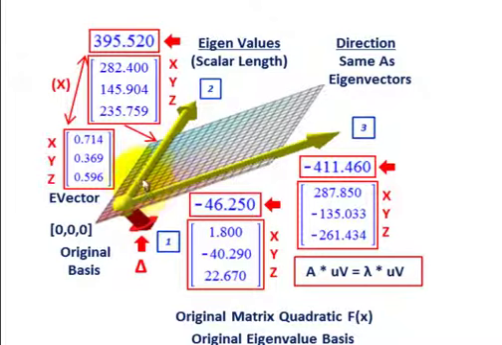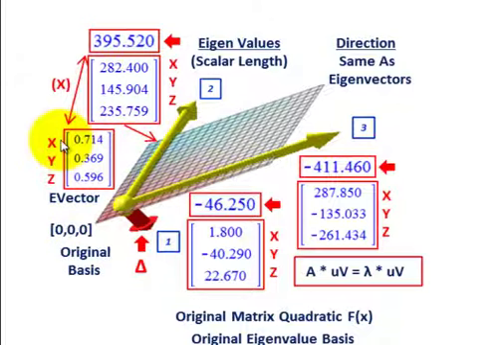Okay, so just to understand how we come up with our coordinates for eigenvectors, let's look at the one here, 395.250, and we've got some values that make up its x, y, and z coordinates, and that's based on its eigenvector. For our eigenvectors I'm just using the original ones, our original basis, not the rotated ones.